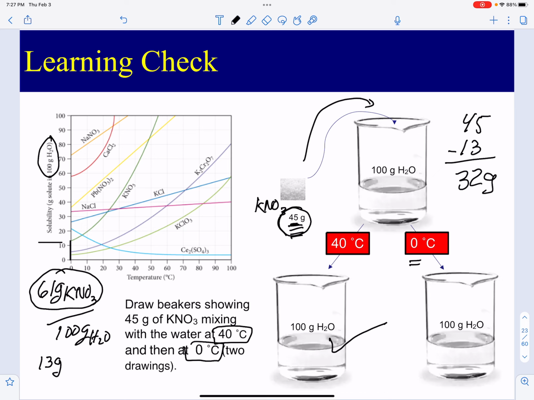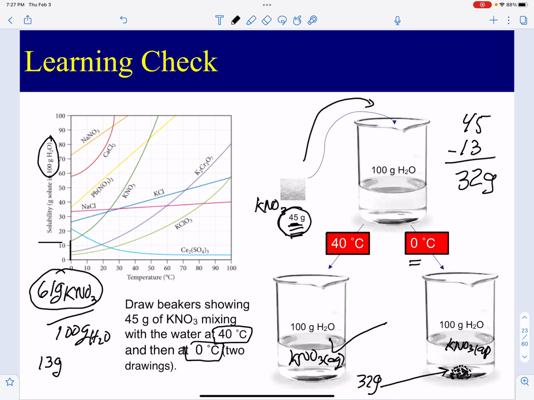So the way I will draw this will be: the potassium nitrate that didn't dissolve is going to go to the bottom, and that's going to be exactly, based on my measurement from the graph, 32 grams. Everything else is dissolved in water, so everything else is potassium nitrate aqueous, because it's dissolved in water.